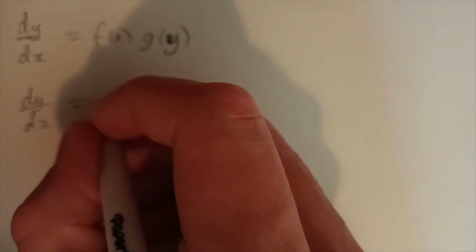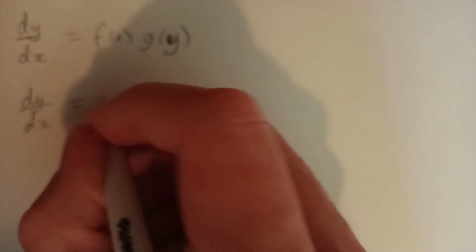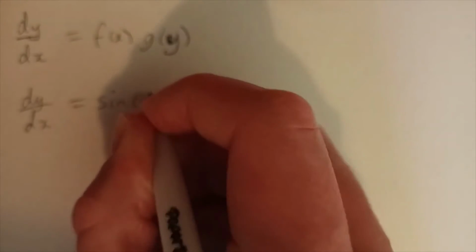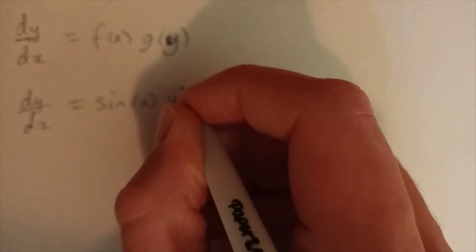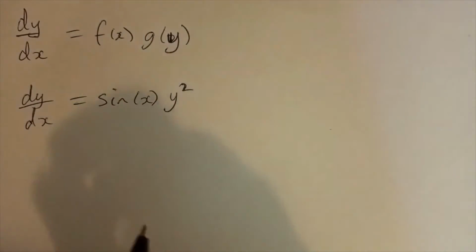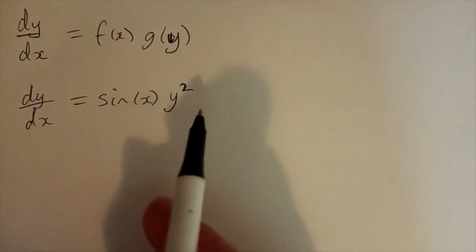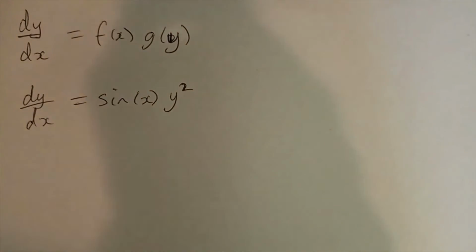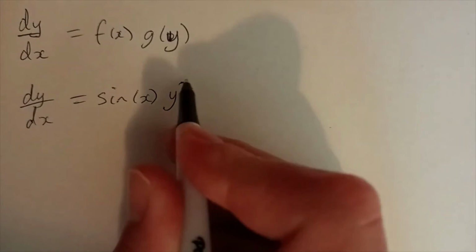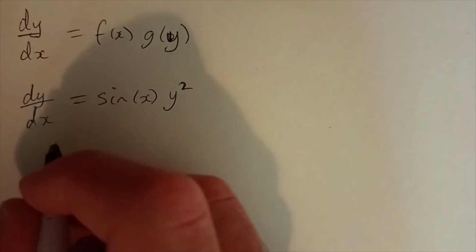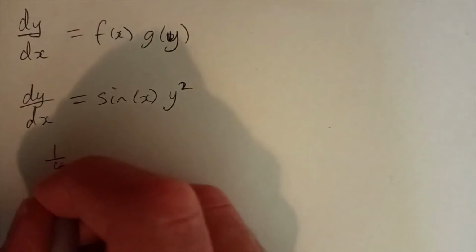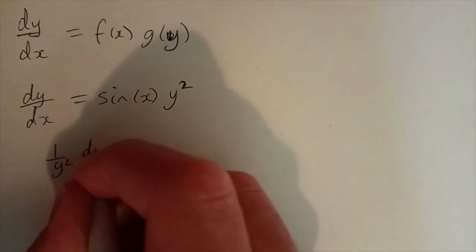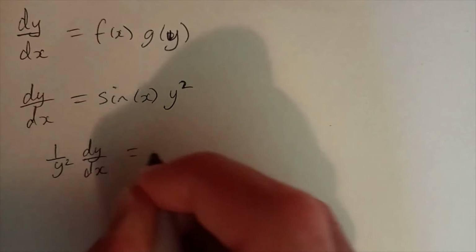For example, dy dx equals sine x times y squared. So our function of x is sine of x, and our function of y is y squared. Now again, we divide by the function of y, which in this case is y squared. So we get 1 over y squared dy dx equals sine of x.